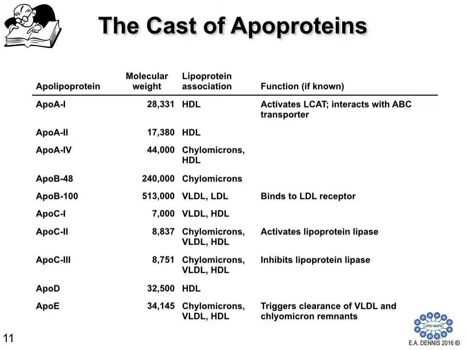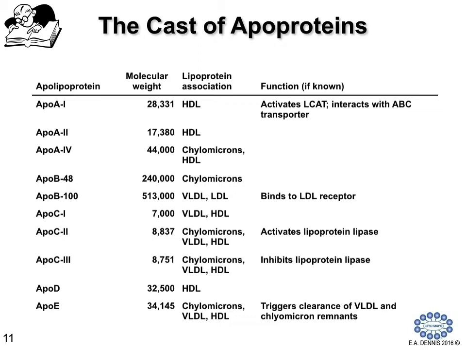ApoB48, a 240,000 molecular weight protein, is in chylomicrons, whereas ApoB100, about twice the size of ApoB48, is in VLDL, and the resultant LDL that is derived from VLDL.